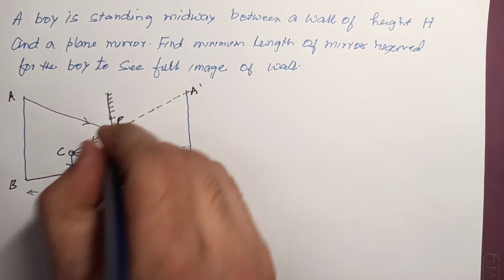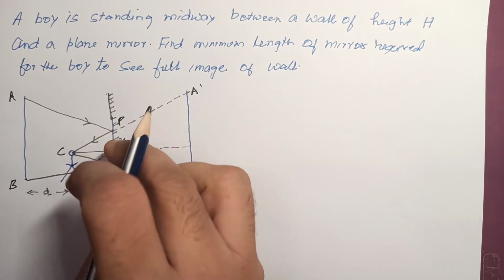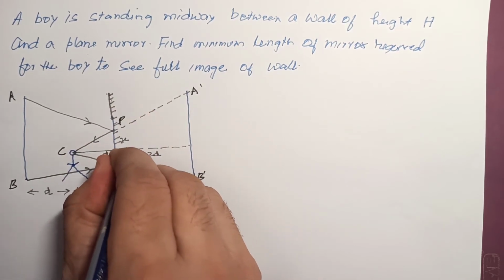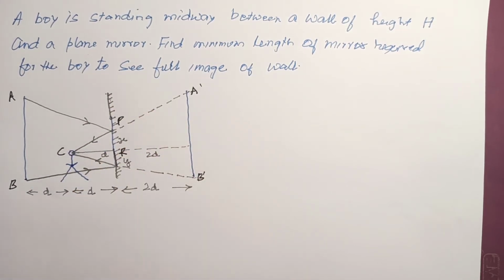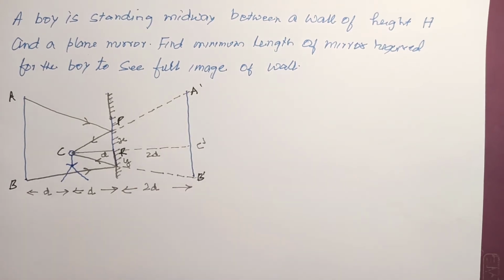Now let's assume this is X and this is Y. If you have drawn this figure correctly, I think you're done. This is C.